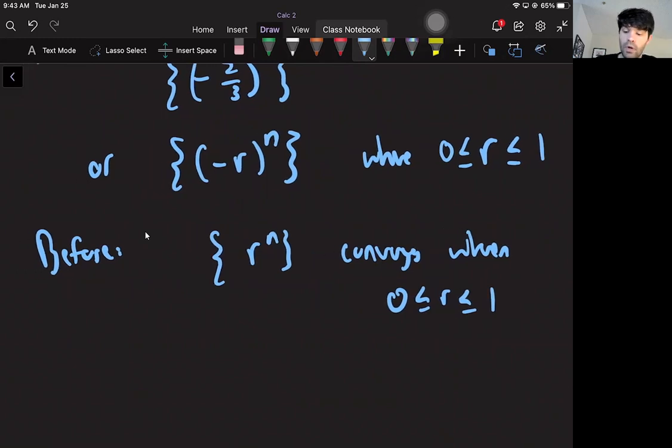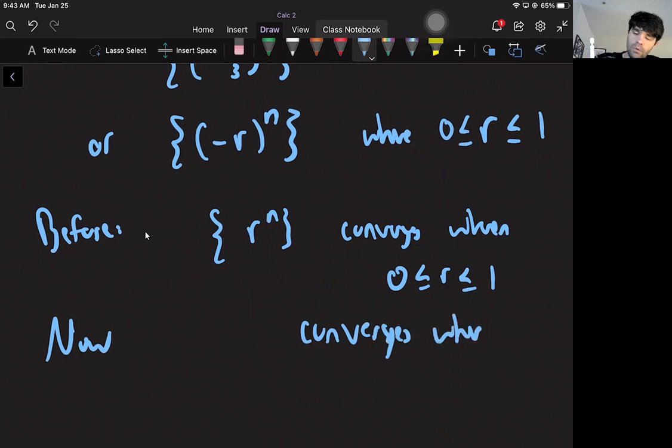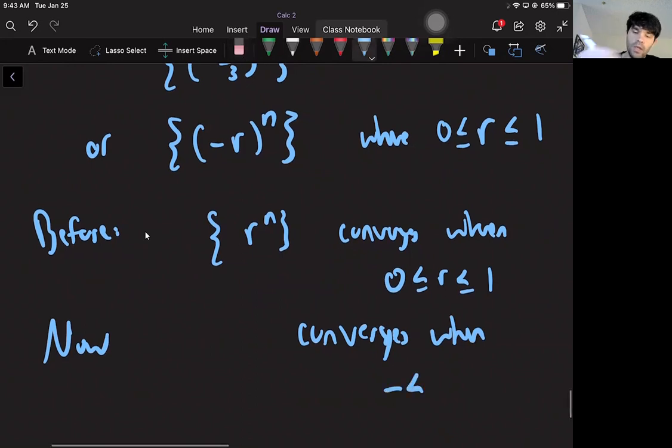But if it's below 1, like 1/2 or 2/3 or something like that, then it'll just shrink and shrink to 0. But now I can also extend it to negatives. I can say it converges when you're between -1 and 1.